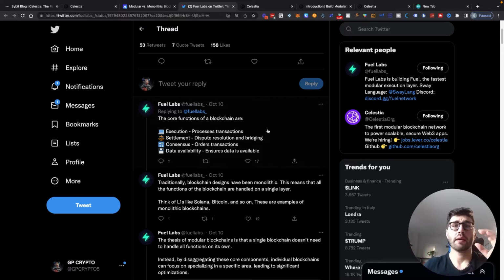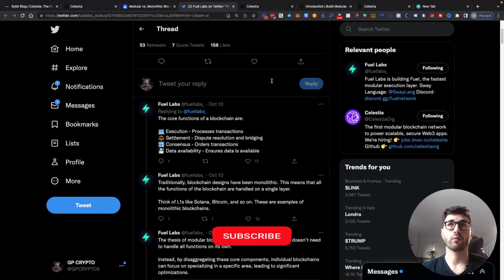So imagine these four components, okay, all stacked up together in the monolithic blockchain, right? And when you think about monolithic blockchain, we're talking about Ethereum, Solana, and all the other layer one blockchains, okay?